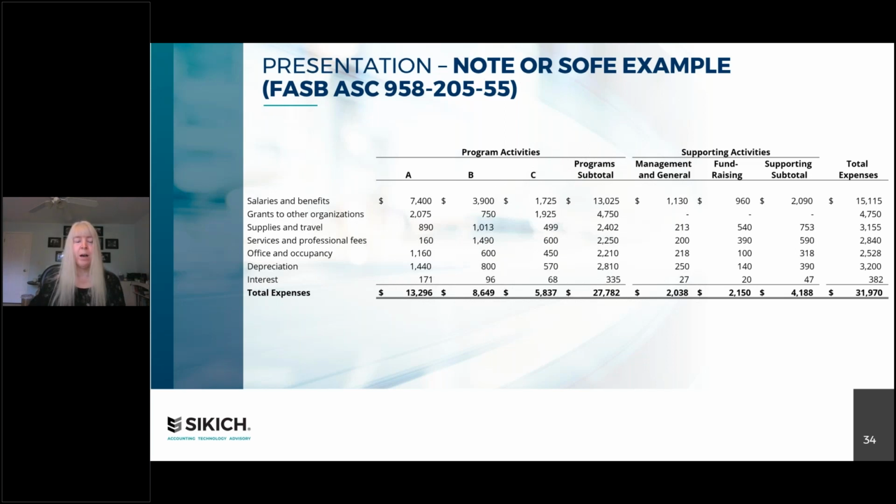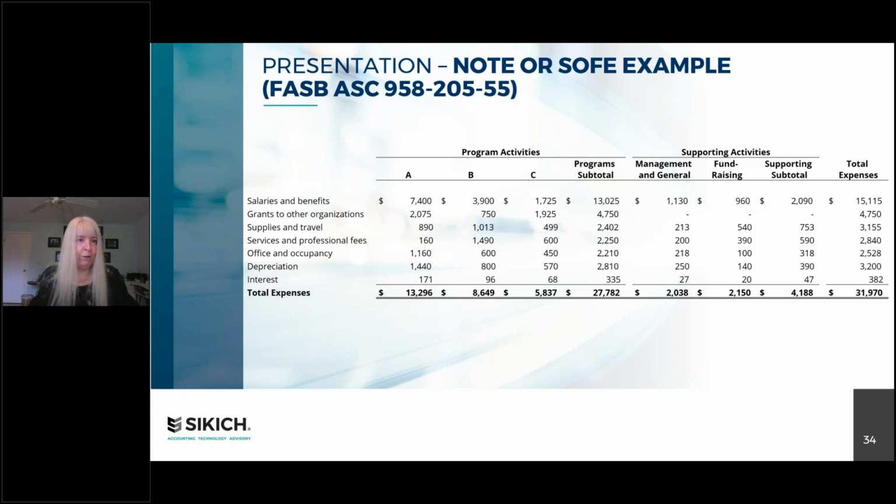These are the two most commonly seen presentations, although you could, for a less complex presentation of the statement of activities, let's say you don't have a lot of programs, maybe you have one program, maybe you don't have a lot of supporting service categories, you may present this information on the statement of activities. It just tends to become a little busy, so most not-for-profits choose to present a statement of functional expenses or put this information in the notes.